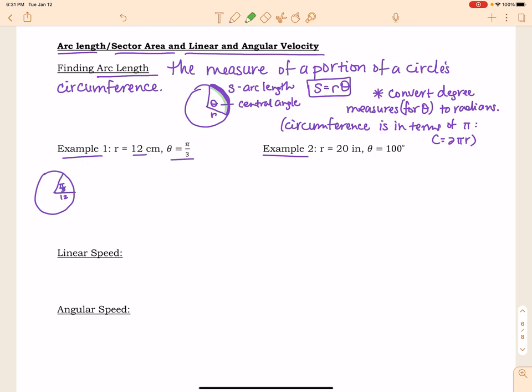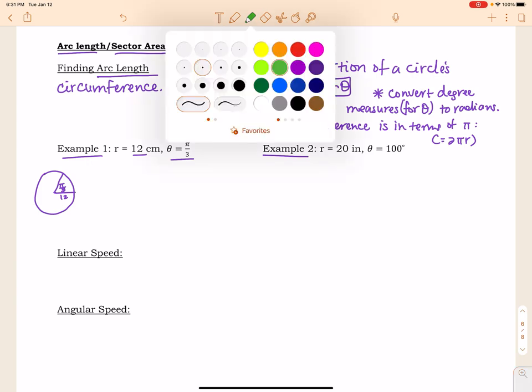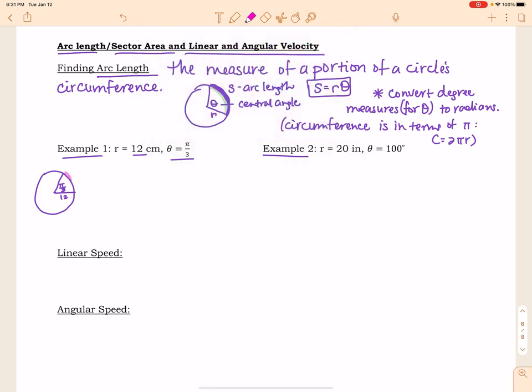So basically what I want to know is this measure right here. It's a portion of the circumference. So all I need to do, this is S, represents the arc length. I'm going to take 12 times pi over 3, and that reduces to 4 pi centimeters. Or if you find it in the calculator, 12.6 centimeters.